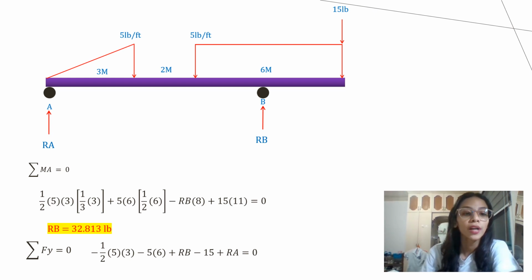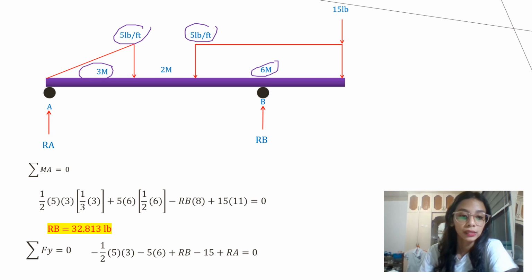So to find our Fy, it is negative 1/2 the area of the triangle, negative 1/2 times base times height, which is 5 times 3, minus the area of the rectangle, which is base times height, 5 times 6, plus our RB, which is 32.813 pounds, minus the point load 15 pounds, plus RA.